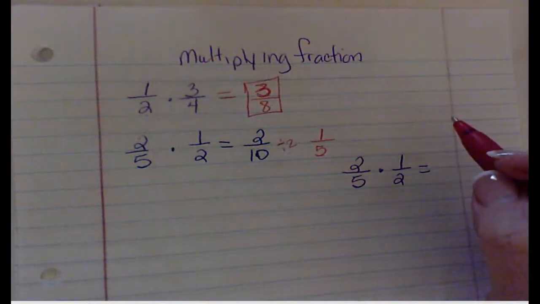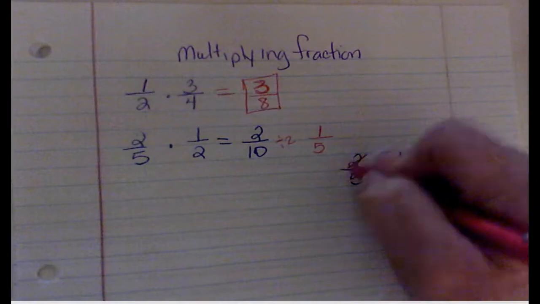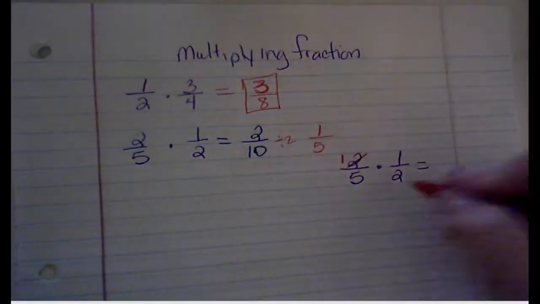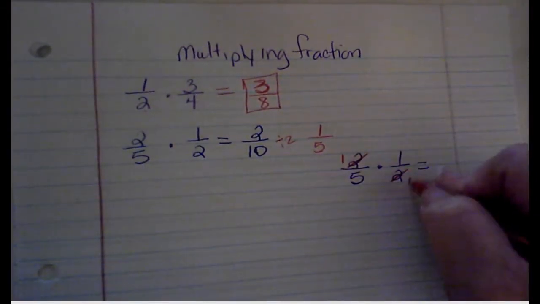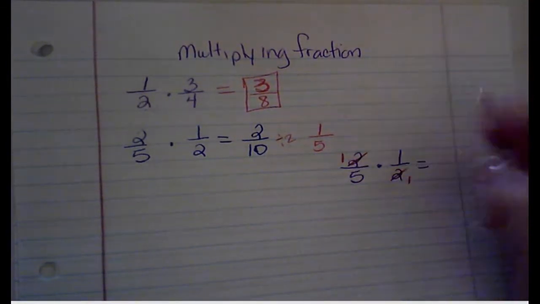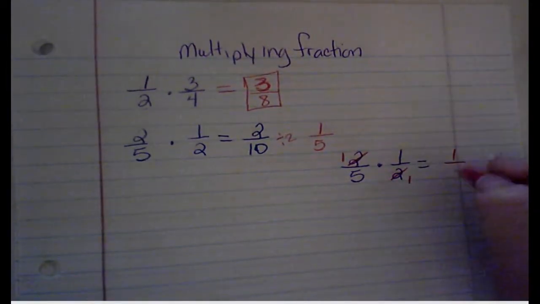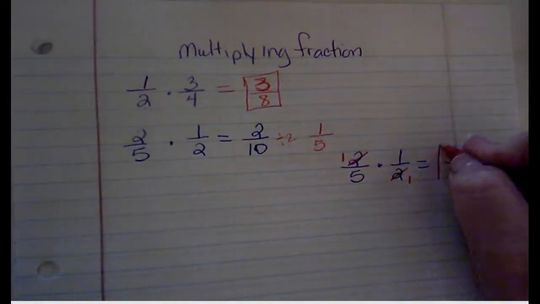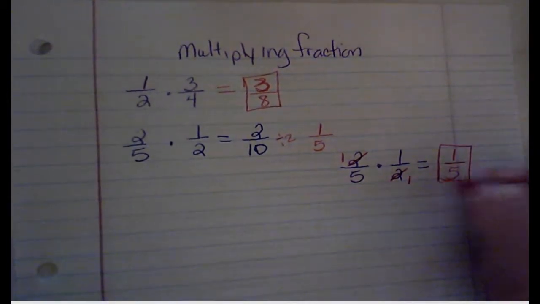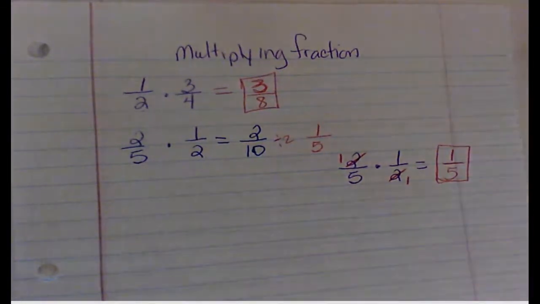Those are both the same number, so I know I can divide them by 2. 2 divided by 2 is 1. 2 divided by 2 is 1. Now I can multiply because I've already simplified. 1 times 1 is 1. 5 times 1 is 5. This is the same answer as I just got. I just simplified first.